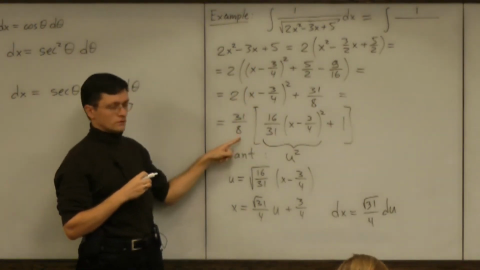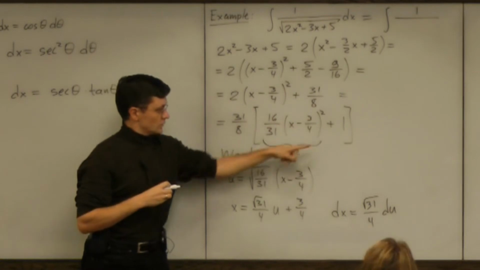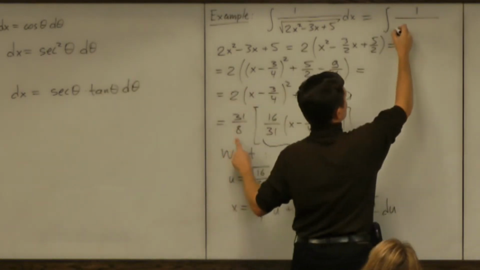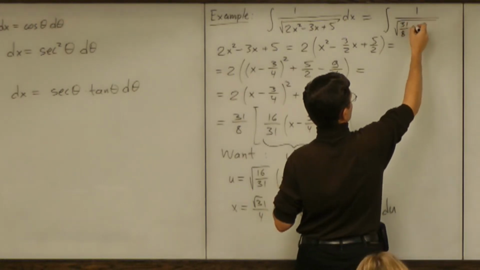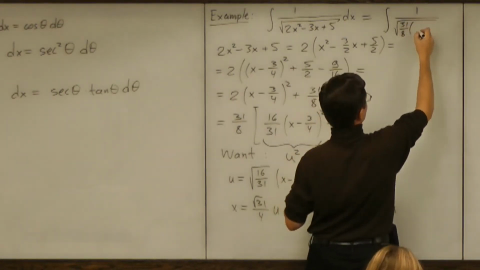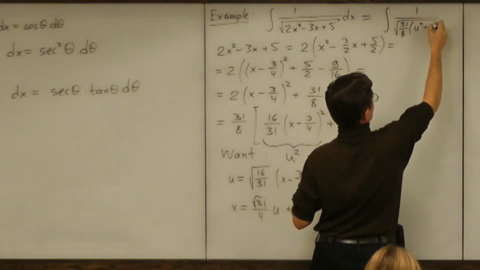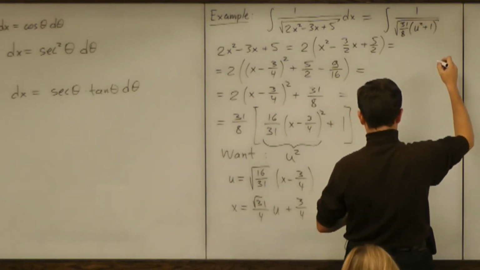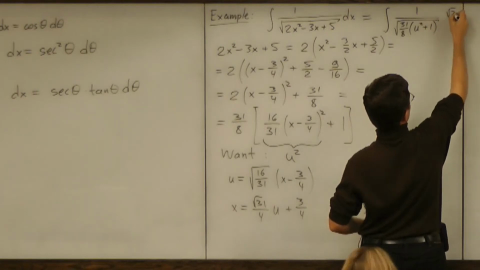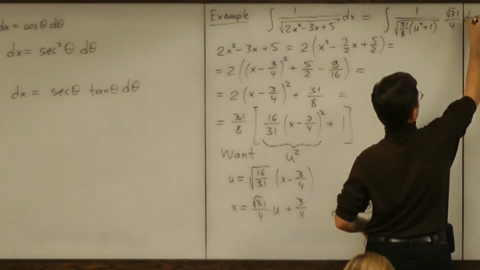I'll have exactly that. So all that will be inside the square root. So 31 over 8 times u squared plus 1, multiplied by this square root of 31 over 4 du.